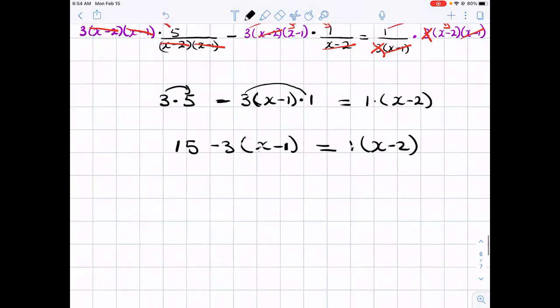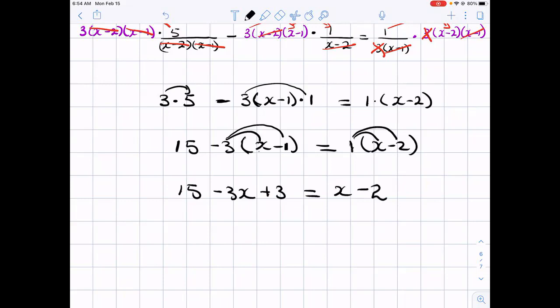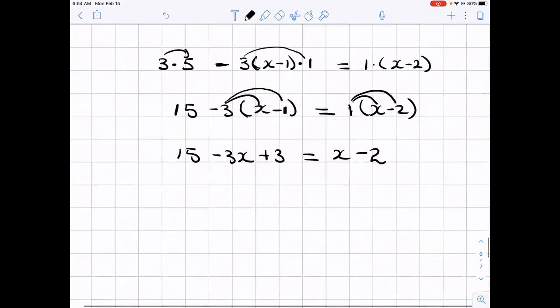Then we distribute the minus 3, so minus 3 times x is minus 3x, and minus 3 times minus 1 becomes plus 3, equals 1 times x is x, and 1 times minus 2 is minus 2. Now we look for like terms and combine them. We have 15 and a plus 3, both like terms, so we have 18 minus 3x is equal to x minus 2.